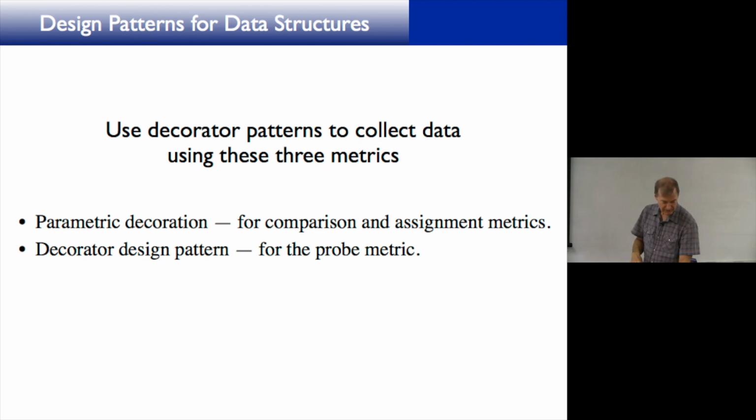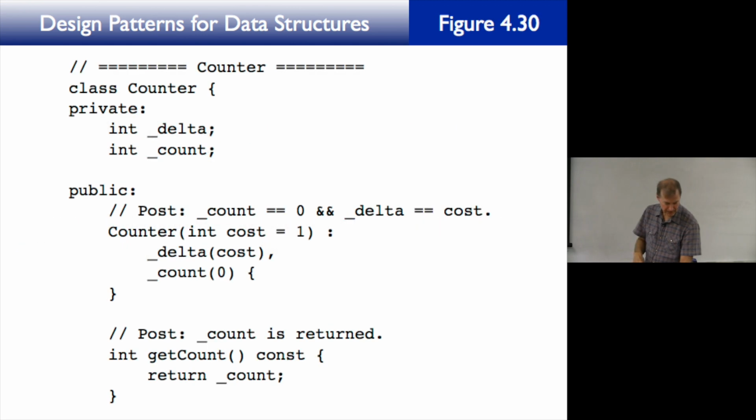And so let me just recap. Let's just review a few concepts. Here we have the counter in figure 4.30, and the counter has 2 things, the delta and a count. And do you remember what the delta is for? What's another word for how much each counts? Yes, it's the cost.